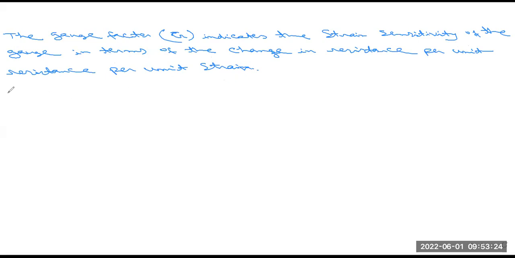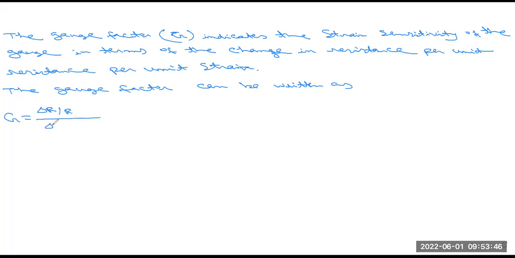Okay, so the gauge factor can be written as G is equal to delta R by R by delta L by L, and the expression is 1 plus 2 mu plus del rho by rho.